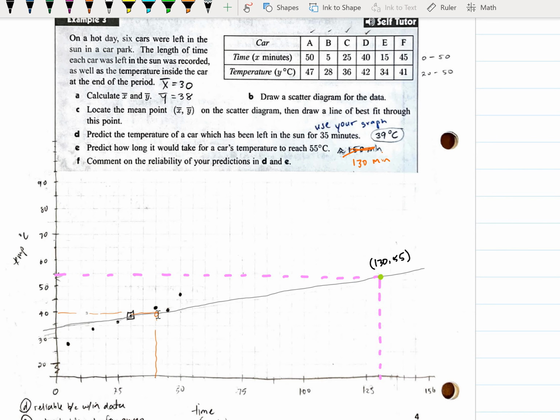For part E, where we predicted how long it would take for the car's temperature to reach 55, that point was way out here. That is not a reliable prediction because it's too far away from all of our data. So if we're making predictions, our predictions need to be relatively close to our data for our line of best fit to fit. As we get further away from our data, our line of best fit is less and less accurate.